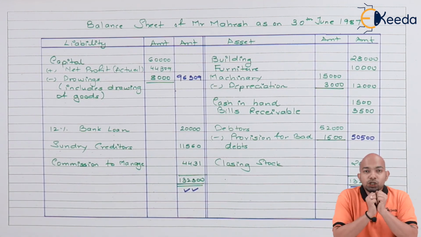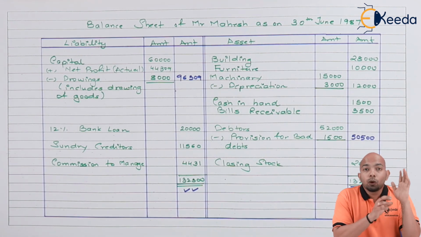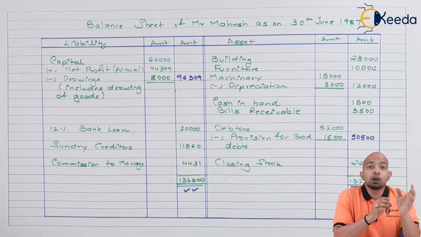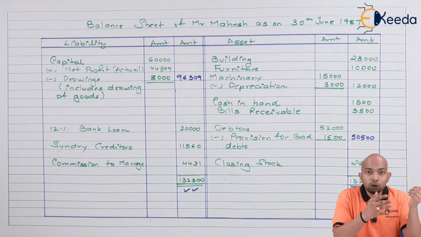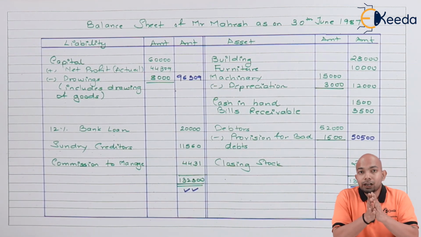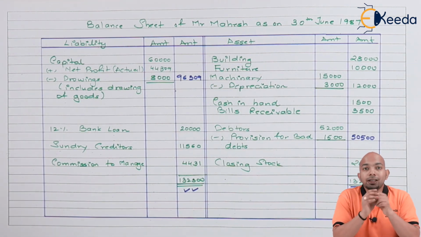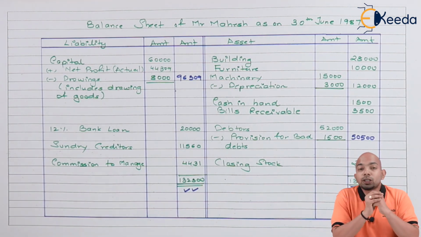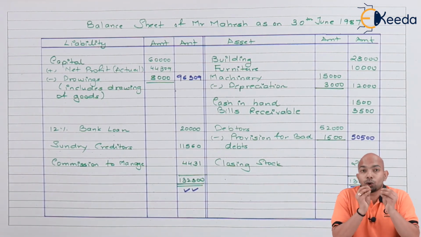You just need to pay attention while solving these items, and the most important thing is to segregate everything and make sure that each and every item has been mentioned in this statement. Because while mentioning all the items from the trial balance, if you lose or misplace any one of those items in this specific statement, the question might go wrong and you might lose marks on this specific question, which is scoring in nature.